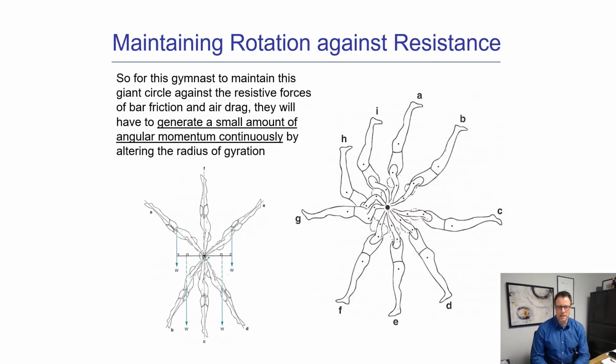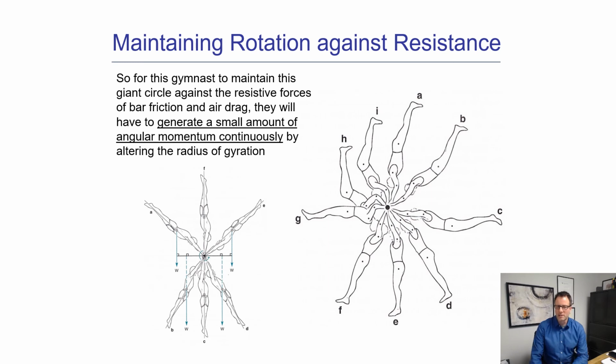So if we use this example here, the diagram I showed you 2 slides ago is bottom left, a little smaller, where we're doing a great circle completely symmetrical. Now in the presence of those resistive forces, so air friction or air drag, friction at the bar, that great circle is going to slow down because you're forever losing angular momentum to the friction.